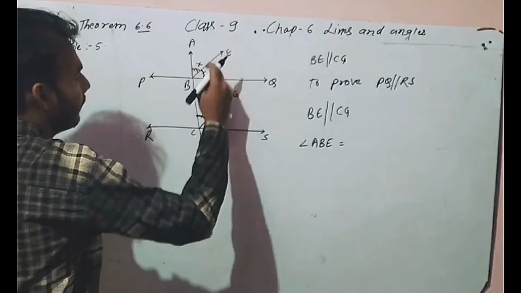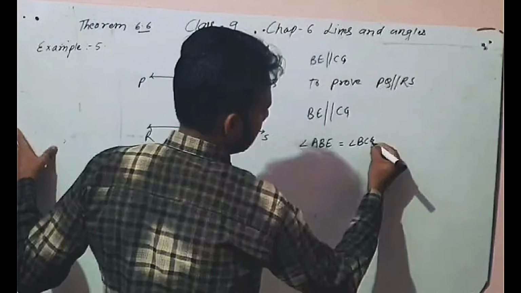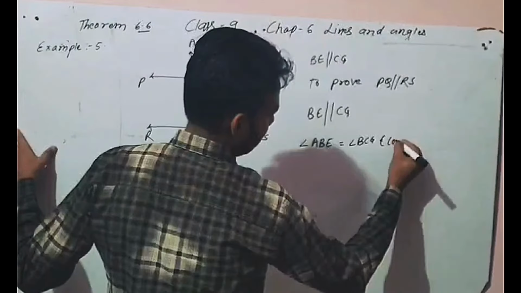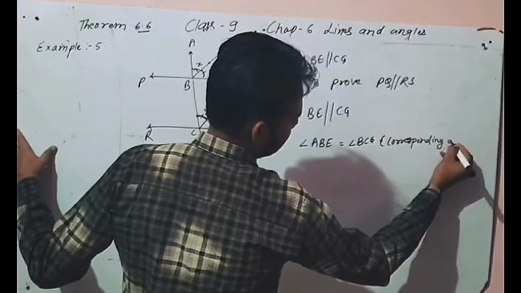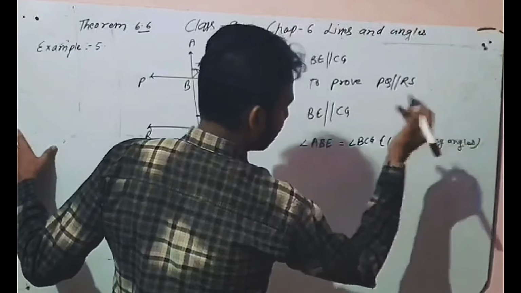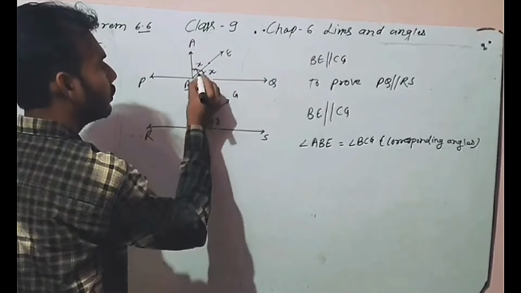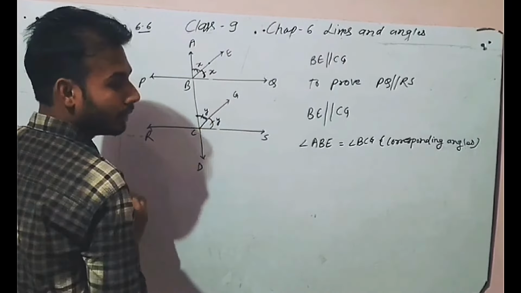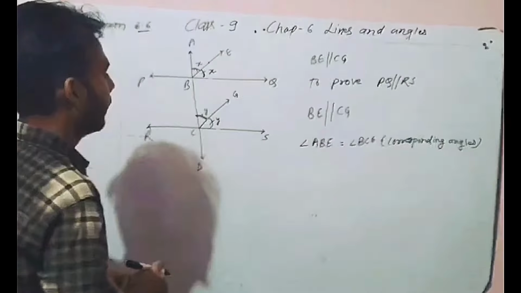ABE equals BCG, corresponding angles. So simply, if this equals this, then this also equals this. It means all four of these angles are equal to one another.